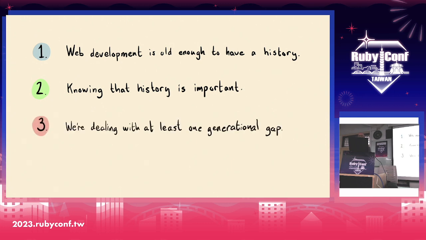And lastly, there is some generational gap because of this. So while I am old, people who start web development now are generally pretty young. I've definitely noticed a bit of a gap there when trying to communicate with them that requires a knowledge of the history of the web.